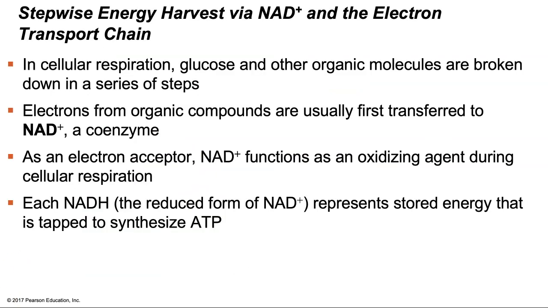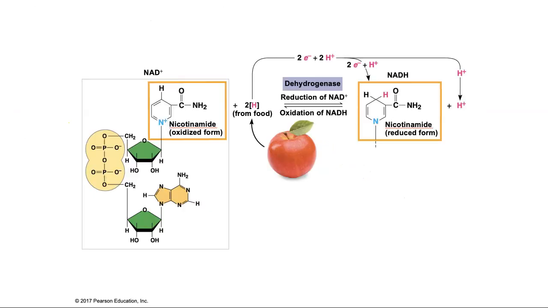NAD+ is a coenzyme, and we also will say that it's an electron acceptor. It functions as an oxidizing agent during cellular respiration. So let's see here. Here is the picture of NAD+. NAD stands for nicotinamide adenine dinucleotide.